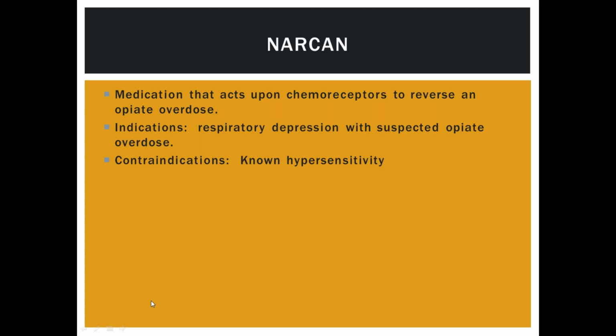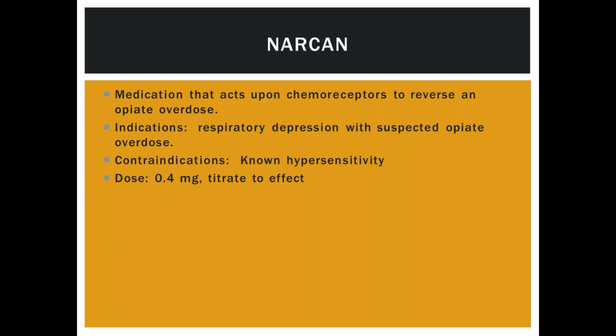The only contraindication that Narcan has is a known hypersensitivity. Now, nobody is allergic to Narcan, but we have to be very cognizant of how we administer this Narcan, because if somebody is addicted to opioids and we completely reverse that opioid overdose, we could actually eliminate all the opioids that are bound to that system. And as a result, we could send them into withdrawals immediately.